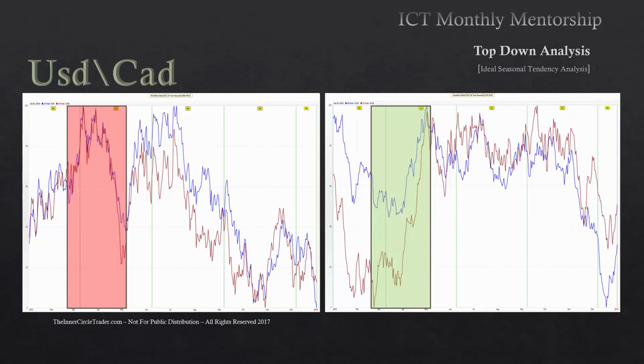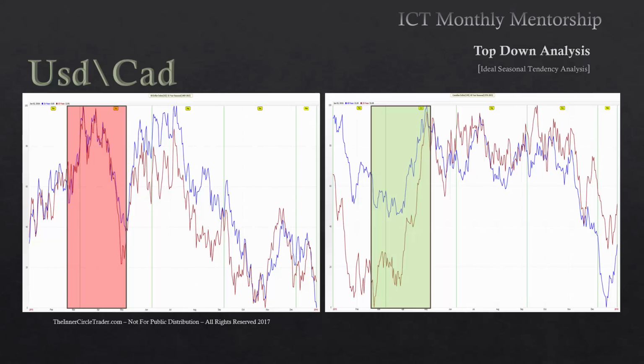By itself, it means that if we're primarily bearish on the dollar index, this is an ideal scenario to be selling dollars. Now, that may not be apparent in the dollar index, but if we see a currency that is coupled with the dollar that has a strong seasonal tendency to rally at a specific time of the year, like that March, April time period, like we're seeing here with the Canadian dollar, that means we don't have to be in any uptrend for the dollar index.